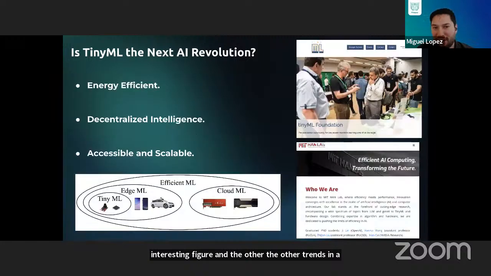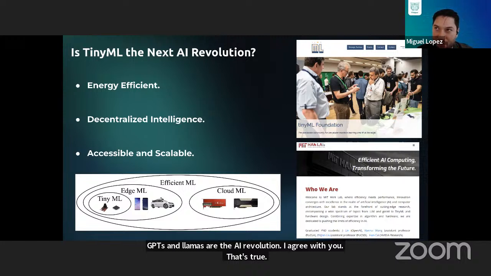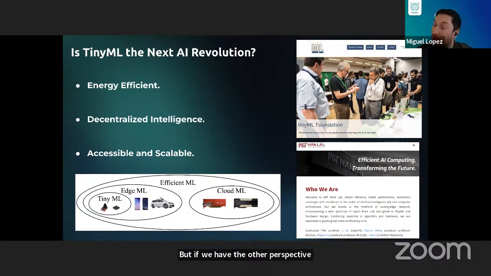Well, why is it the next AI revolution? Maybe some of you think that nowadays GPTs and Llamas are the AI revolution. I agree with you, that's true. But from the other perspective, imagine we have some infrastructure, Internet of Things, which nowadays is big data. At some point, we need to evolve that.